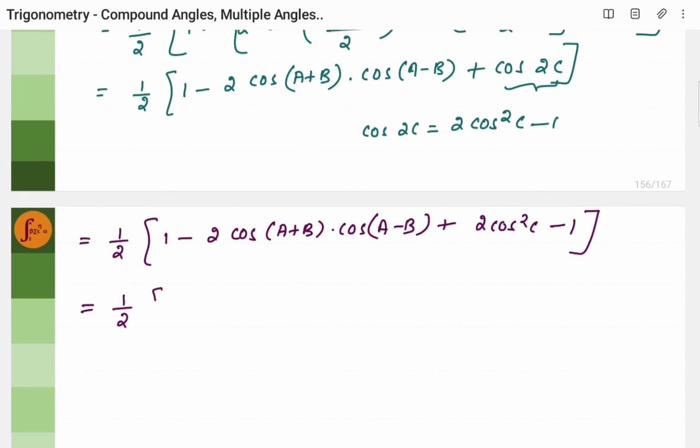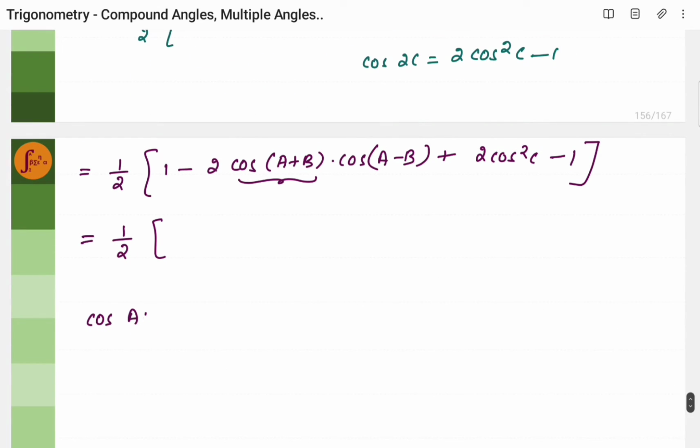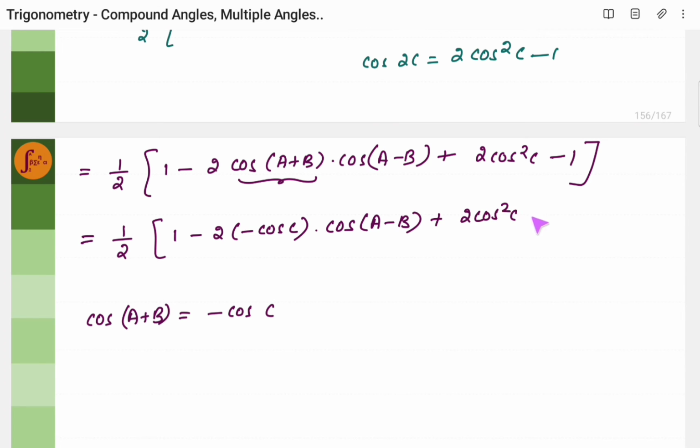So now what I can do is I will write cos (A + B) in terms of cos C. What is cos (A + B)? Cos (A + B) is minus cos of the third angle, cos C. So I'll write it as 1 − 2 into (−cos C) into cos (A − B) + 2 cos²C − 1.